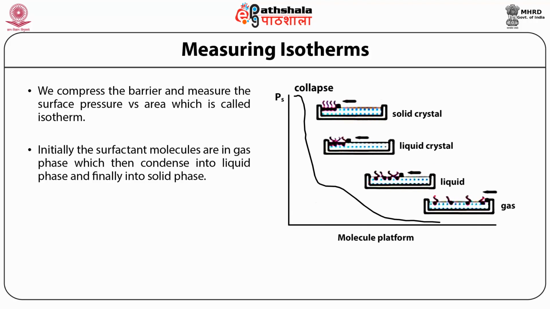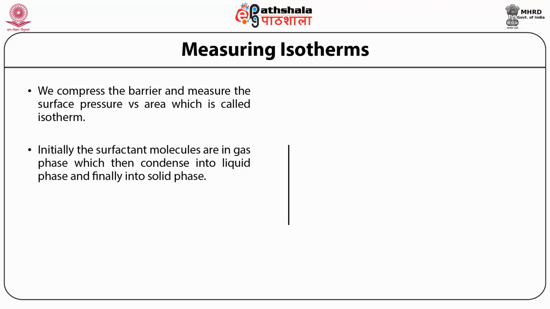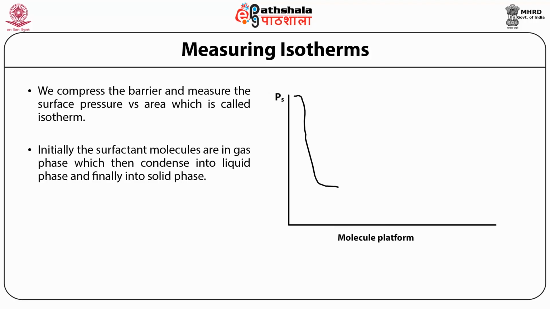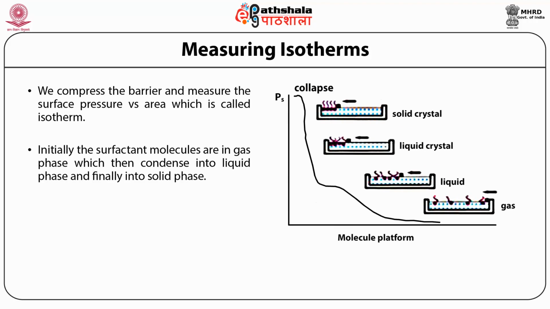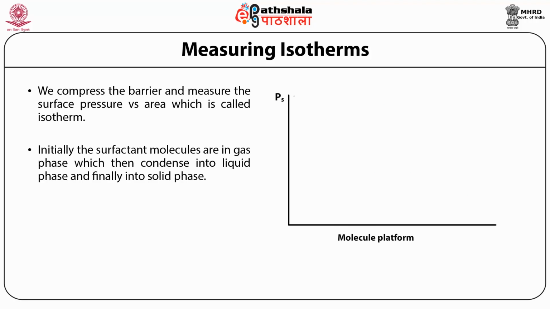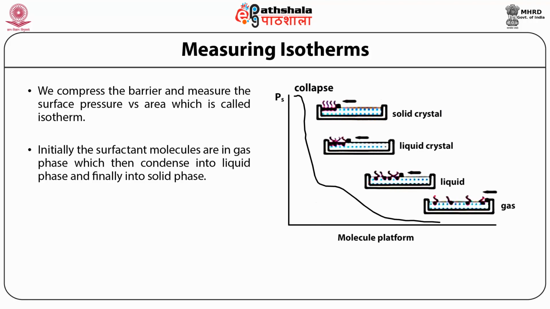At this stage, these surfactant molecules are organized in a pattern, just like solid atoms and molecules are organized in a given pattern which we call a lattice. So here the surfactants also are organized on the surface in the form of a two-dimensional lattice. This has all sorts of symmetries of a two-dimensional lattice.